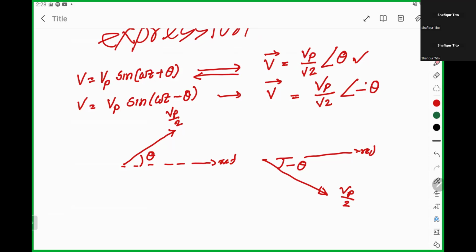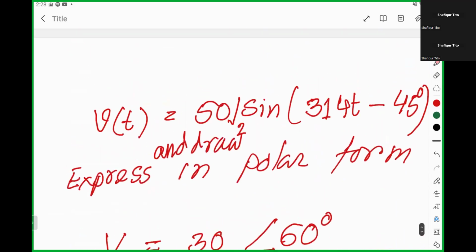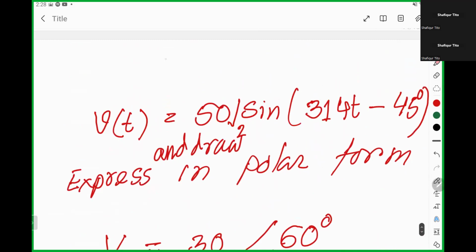If positive, you add them. If it's negative, you subtract them. Okay? Clear? So now if you do this one, V would be equal to 50 and the angle will be minus 45 degrees. Okay.